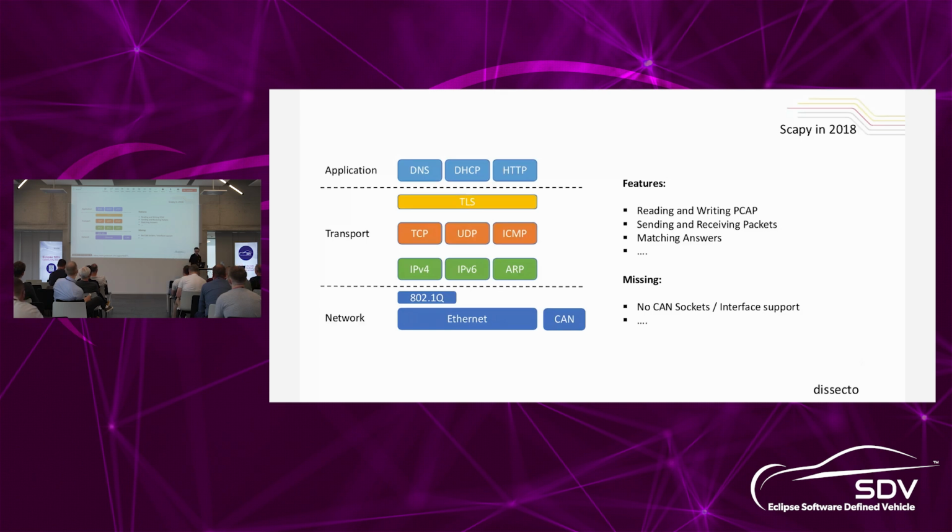Then, after 2018, there was a research project started at the OTH Regensburg, which tried to foster test automation in cars, which then added the automotive side to Scapy mainly.